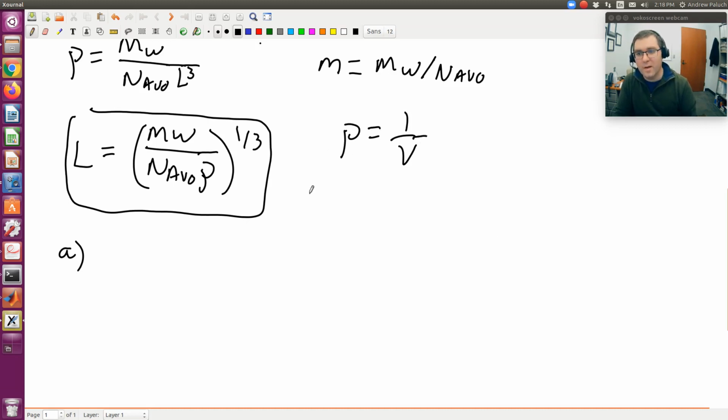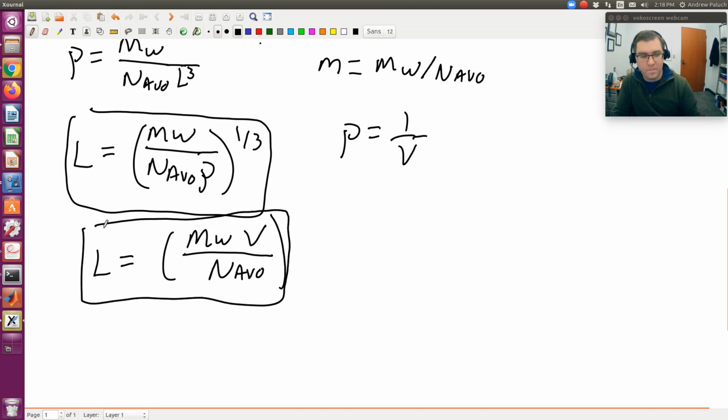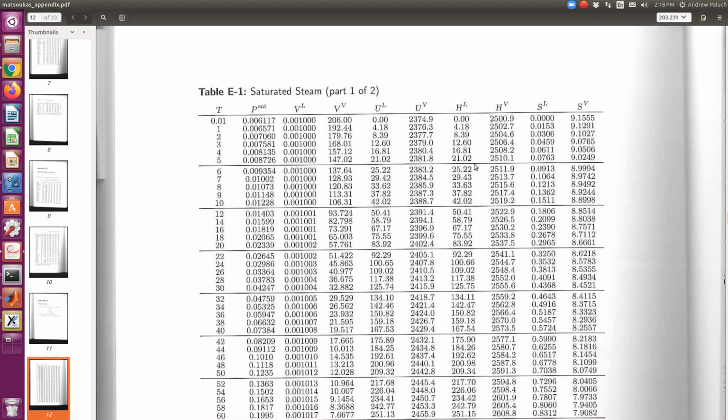So if I plug that in, I could equivalently say that L is equal to molecular weight times volume divided by N Avogadro, where the specific volume and density are just the inverse of each other. I say that because if I go to look for a reference value, this is going to be my temperature, saturation pressure, then liquid and vapor.